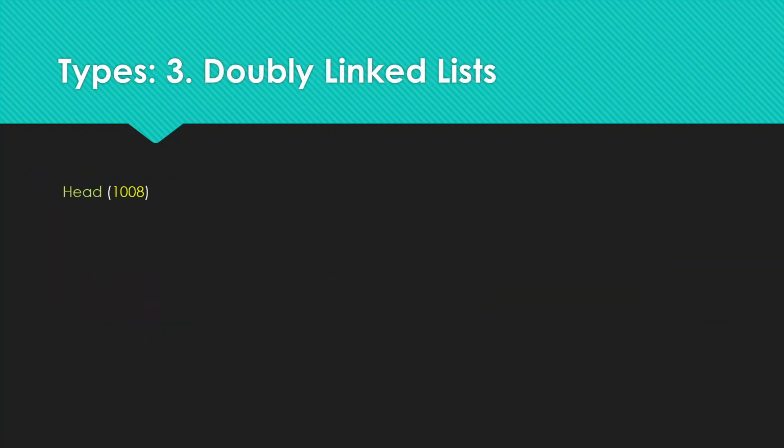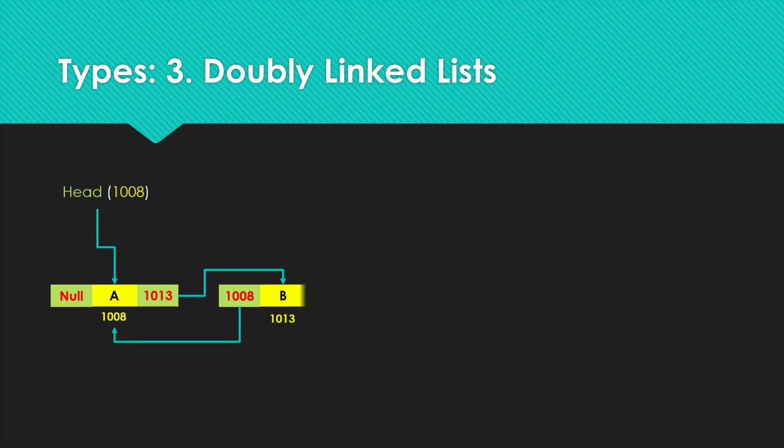Okay, and then we have a doubly linked list. The unique thing about a doubly linked list is that we have two address paths. The first address path normally points to the previous node address, then the other one points to the next, just like we've been seeing. The very first node will have the previous address pointing to a null, because there's nothing before it, but the ones in between normally will have the address of the previous node.